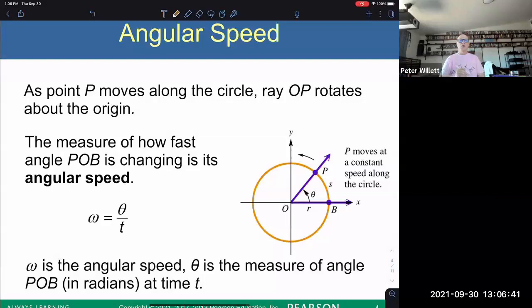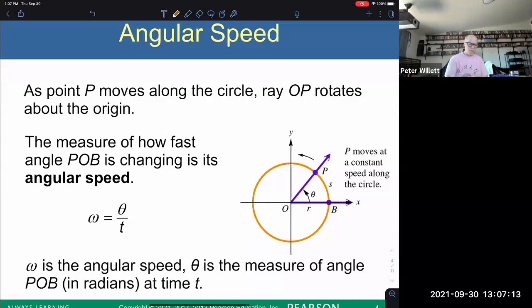Angular speed, you can imagine by you sitting in the middle of the circle, watching the car or the person go around the circle. As you turn and follow them, you are creating an increasing angle that grows bigger and bigger as you rotate. Your position of rotation in the middle of the circle sweeps out an angle, and that angle grows and changes over time. That's the angular speed.